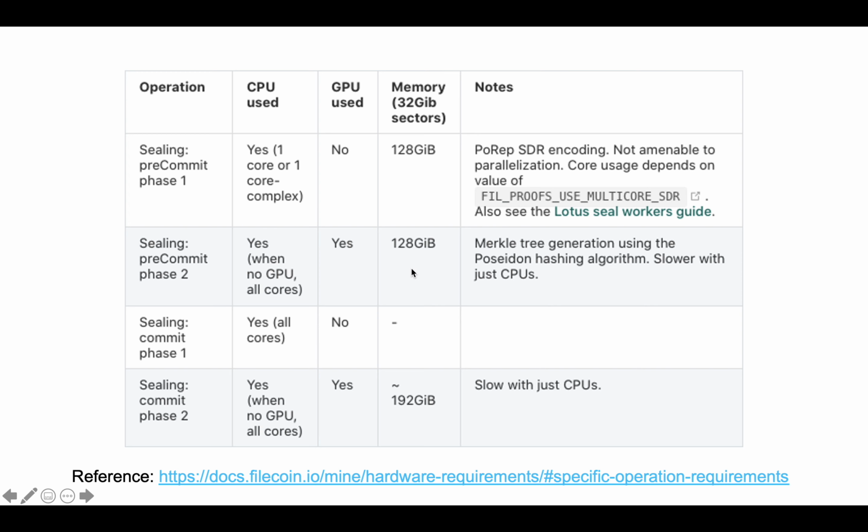In my experience, a single pre-commit phase 2 job will use at most 50 gigabytes of memory if you are using a GPU. And sealing commit phase 1 uses all cores of CPU and hardly uses any memory resources. And commit phase 2 uses both CPU and GPU, and it could use at most 192 gigabytes of memory. So don't use CPU on the commit phase 2 job. It may never end. It will never end.